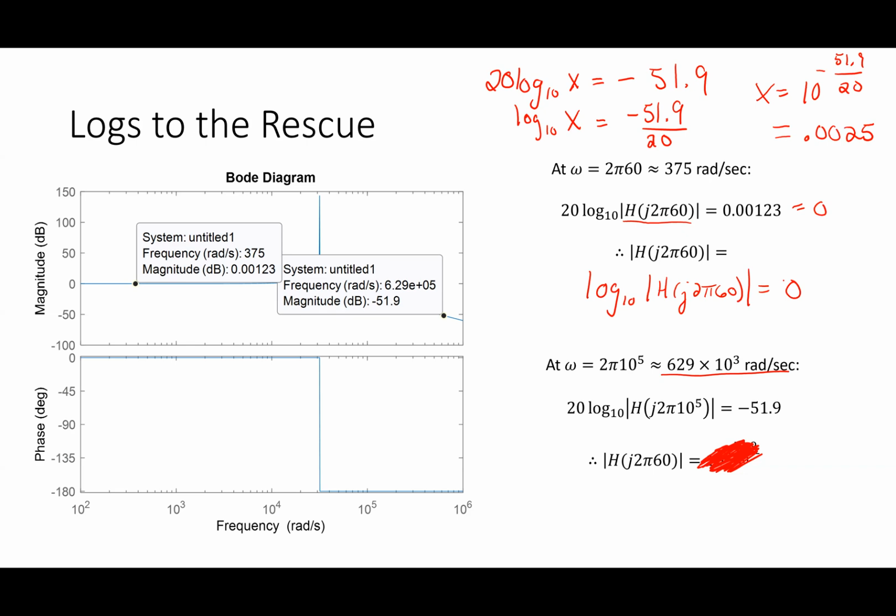1, right? So what does that mean in the context of what I'm trying to do here? What I'm trying to do is say the magnitude of this thing is equal to 1 at low frequency. It's equal to 0.0025 at the high frequencies.